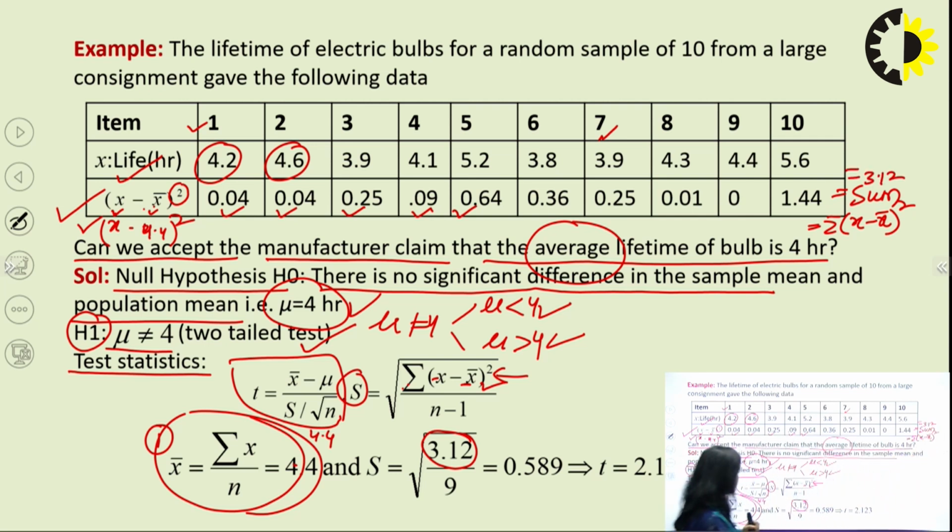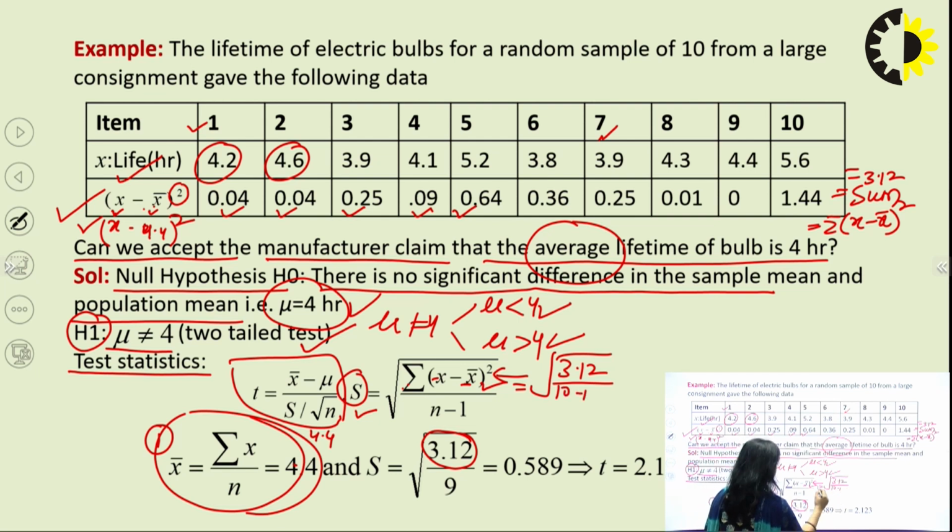So you can easily find the standard deviation. It will be equal to 3.12 upon n minus 1. Here we have 10 items, so 10 minus 1 is equal to 9. So capital S will be equal to root of 3.12 upon 9, and it will be equal to 0.589.